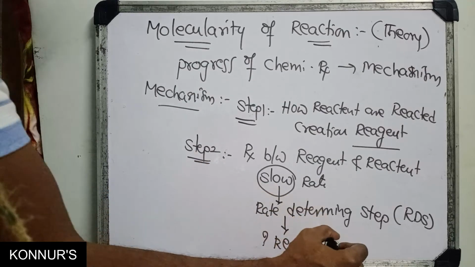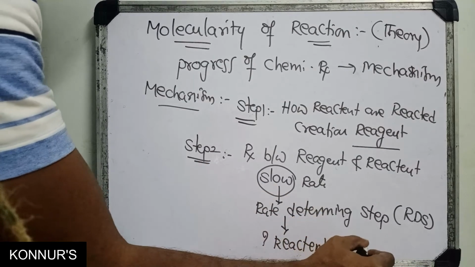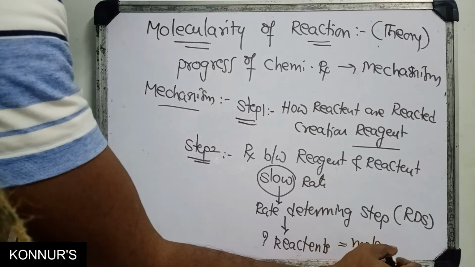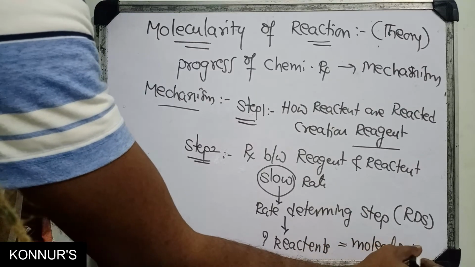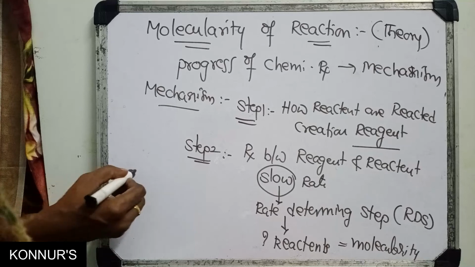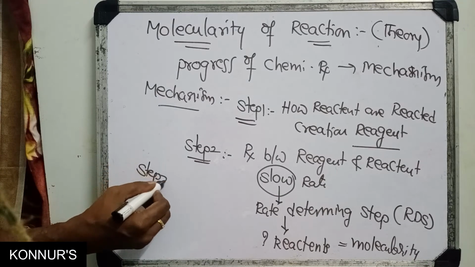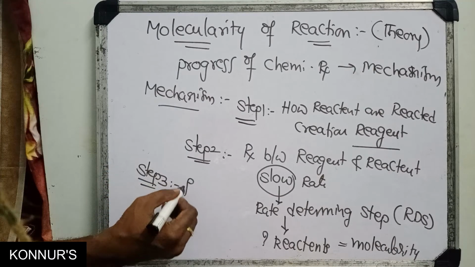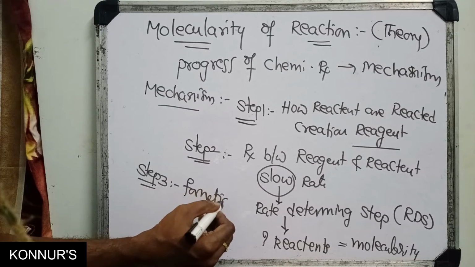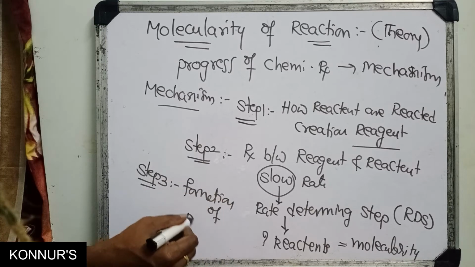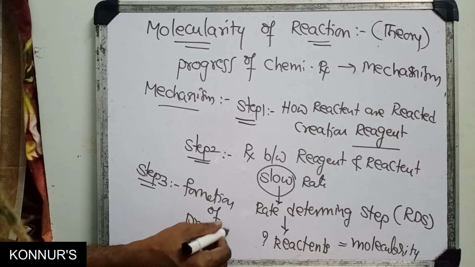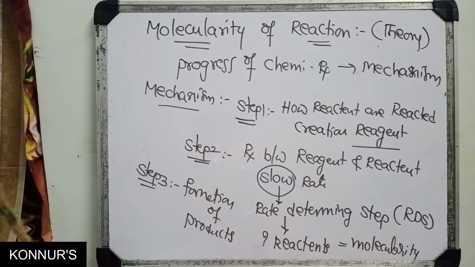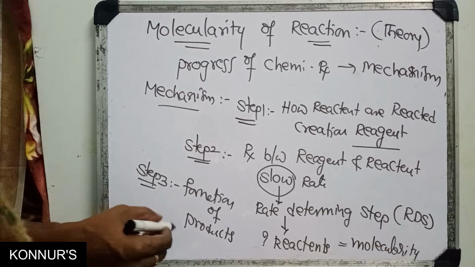That number is called molecularity. Step 3 explains the formation of products, and this also moves very fast.